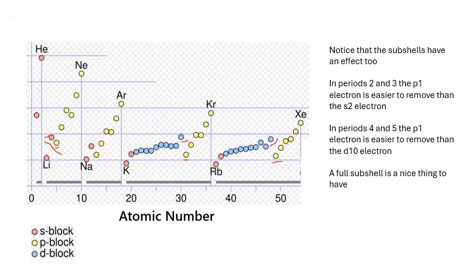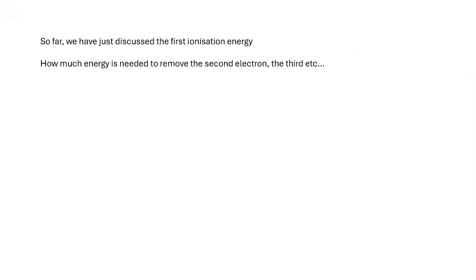Because a full subshell is a nice thing to have. It's not quite as super stable as a full shell completely, but nevertheless it's not too bad. So the fact that we have subshells means it's a nice stable configuration. And this graph is actually good evidence for subshells.